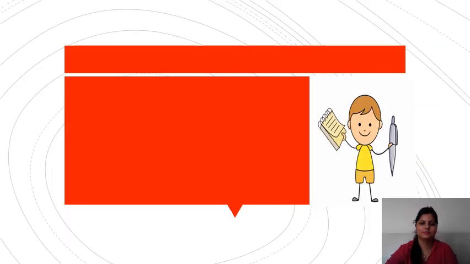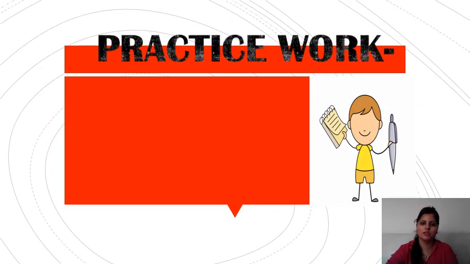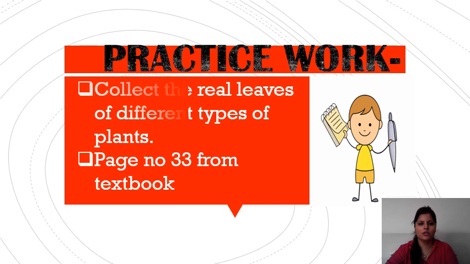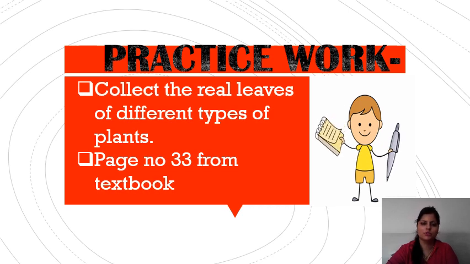Okay children, practice work time. What you have to do in your practice work is stick a picture of a leaf or a plant in your notebook. Different types of plants, one picture of each type in your EVS notebook.